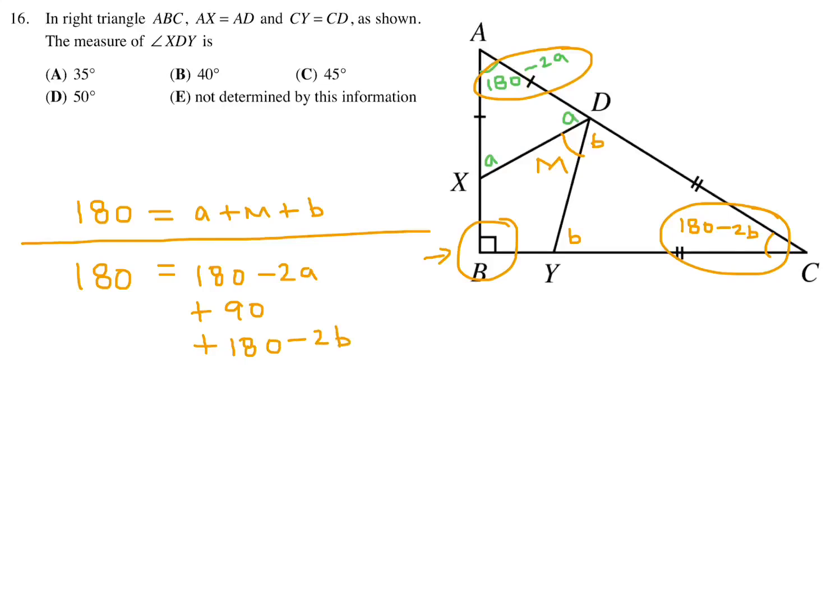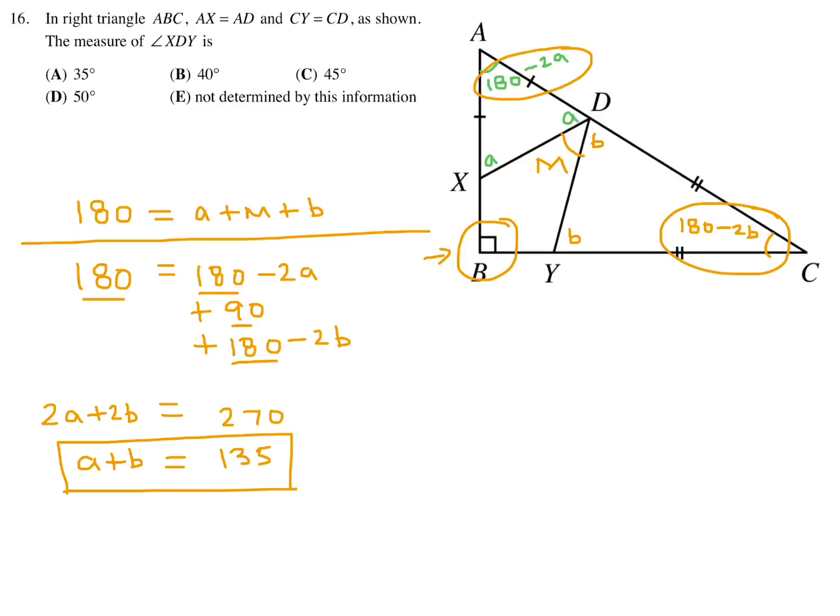So you do the math here. Let's see, the 180s cancel. This becomes 270. And put the 2a and 2b on the other side. Factor out the 2, and this becomes 135. Correct? Now we can use the fact that a plus b is equal to 135 and substitute it back into this guy right here.